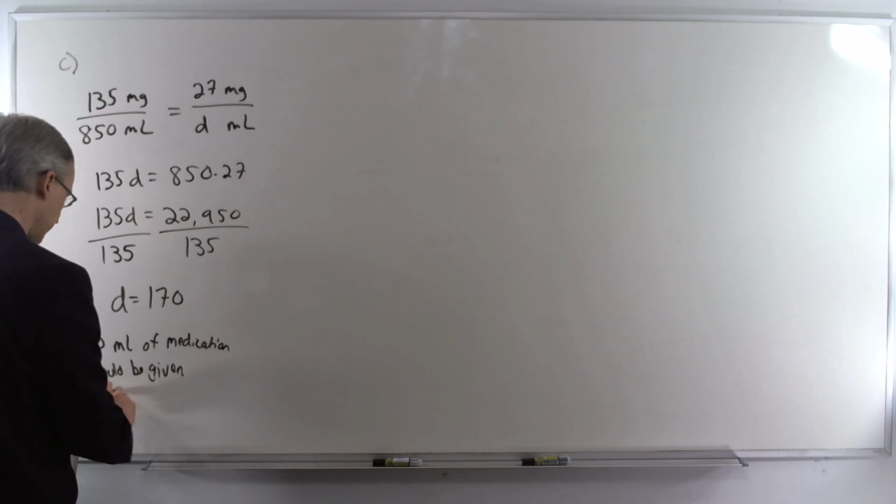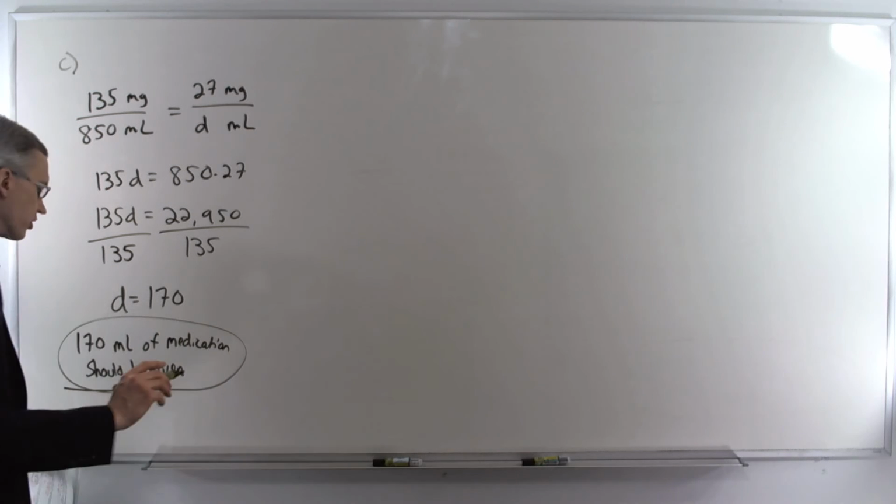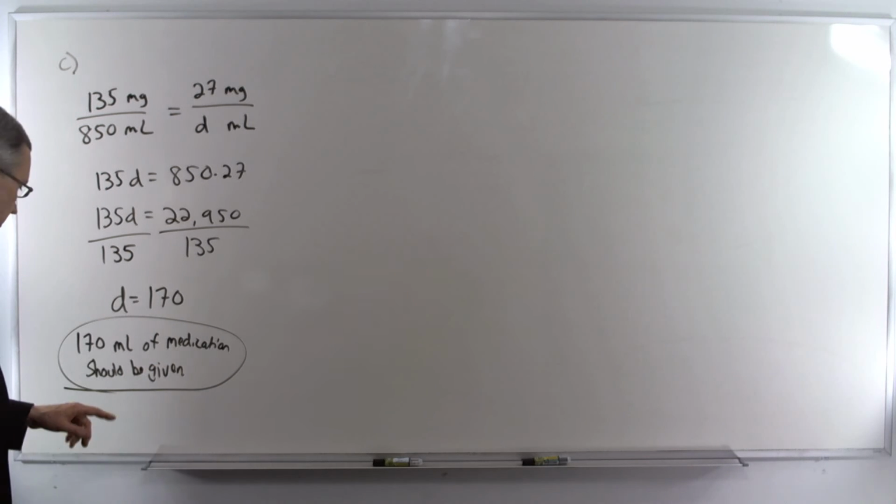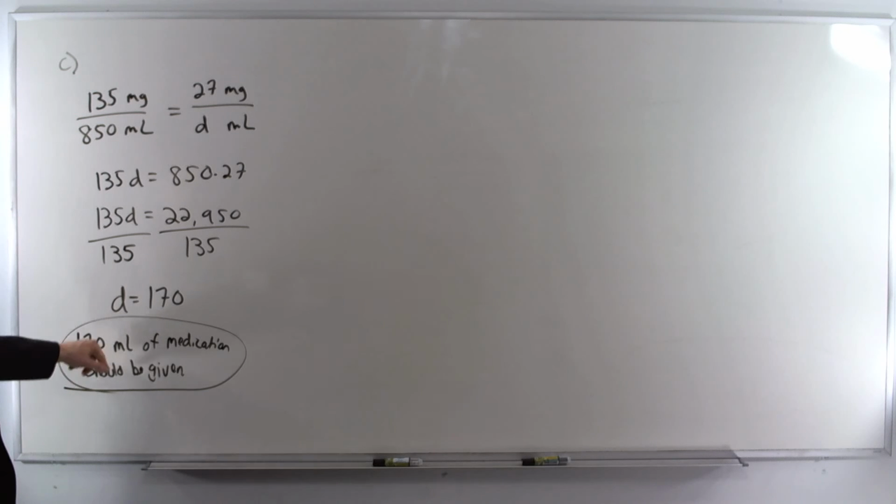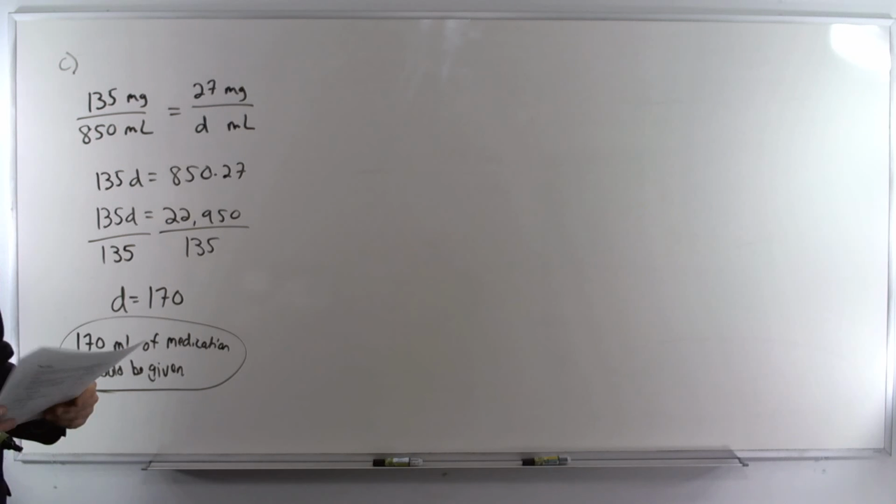So 170 milliliters of liquid should be given. And if you give the patient 170 milliliters, they will get the 27 milligrams of medicine.